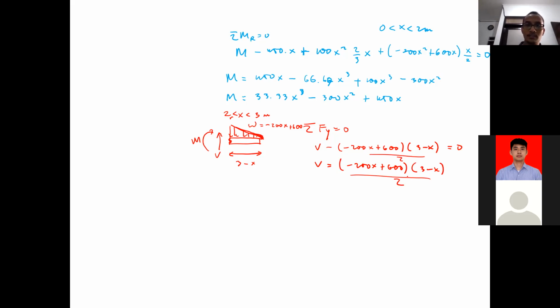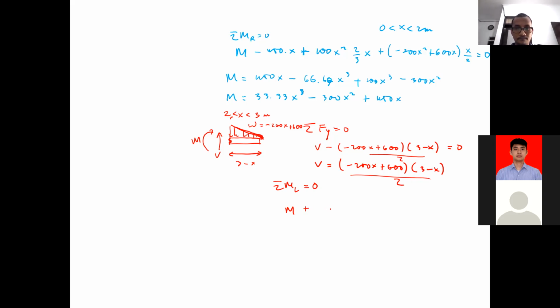Okay, now using sigma moment on the left edge, what will we get there? It's moment, minus or plus? Plus, right?